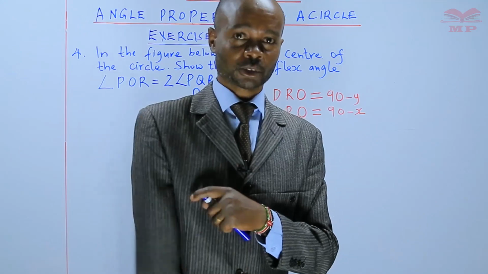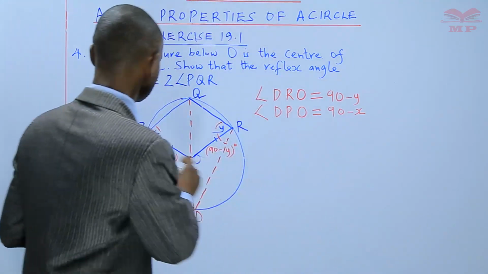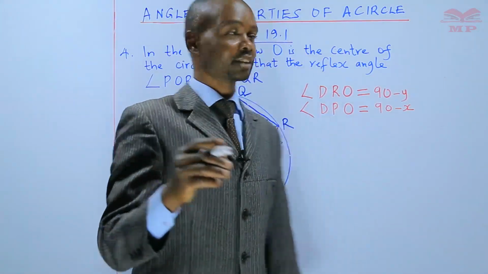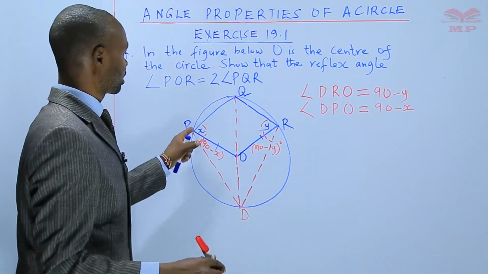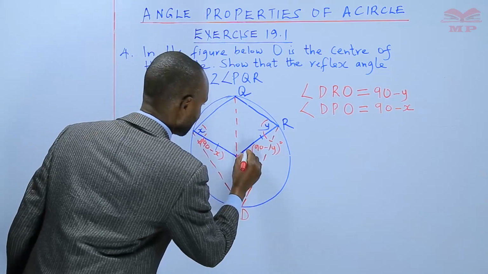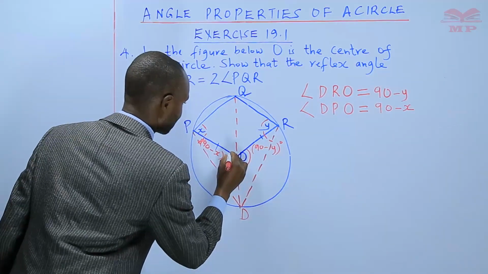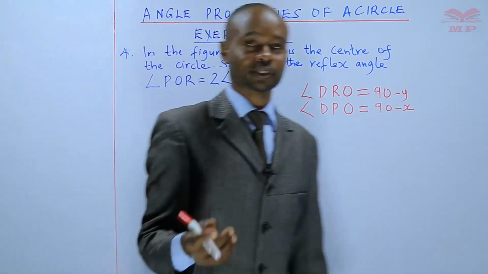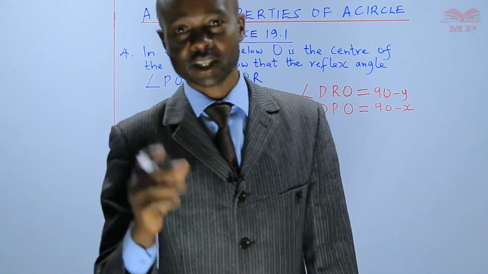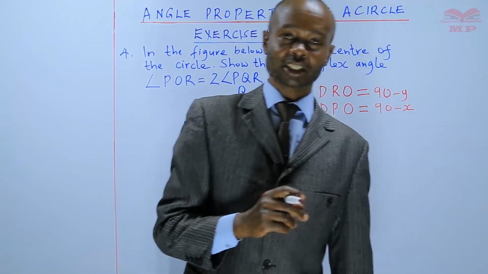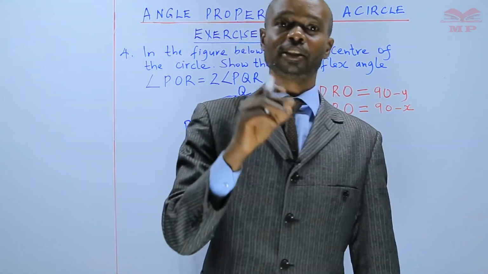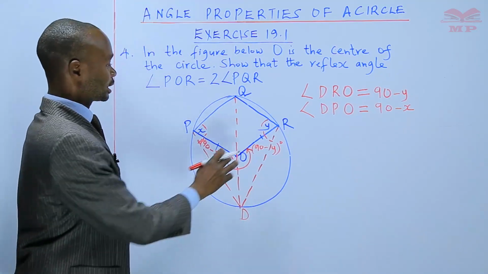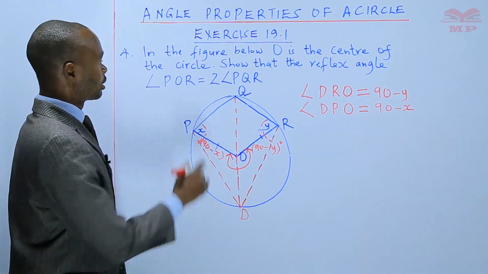I'll go straight to getting the reflex angle POR. So the reflex angle they are asking for, POR, it is this angle, POR. For many who do not know, a reflex angle is greater than 180, but less than what? 360 degrees.